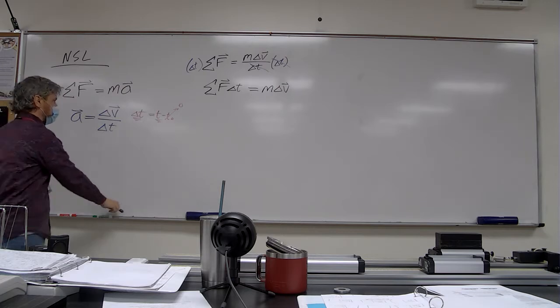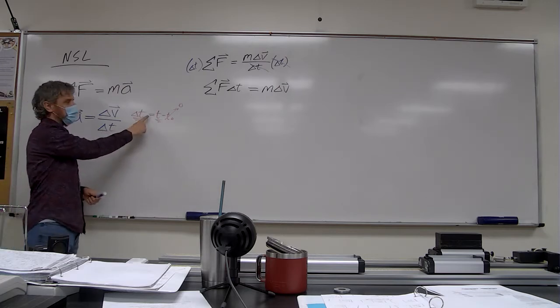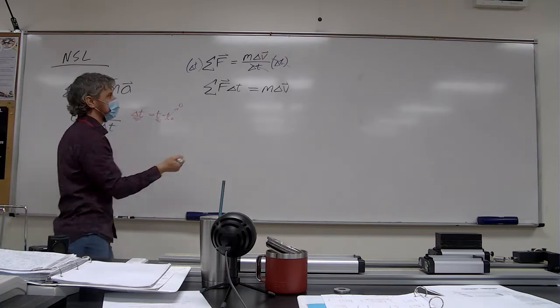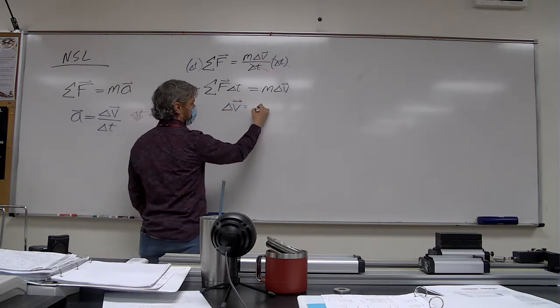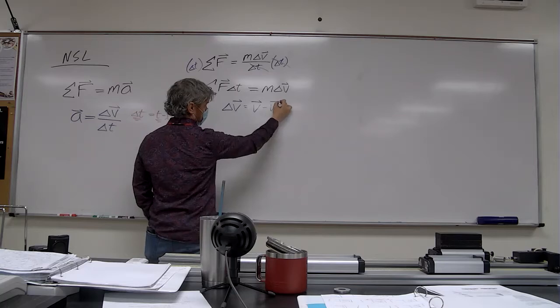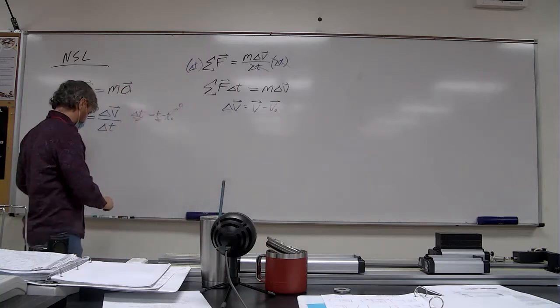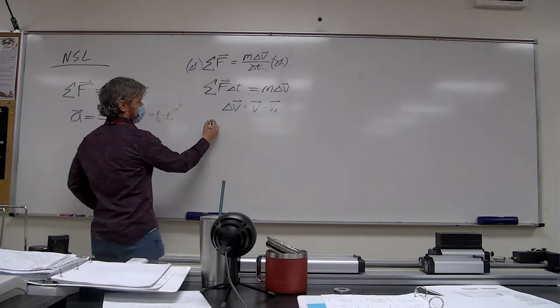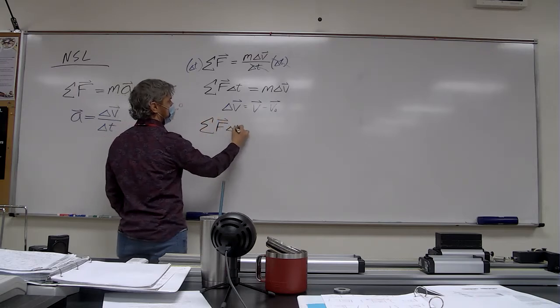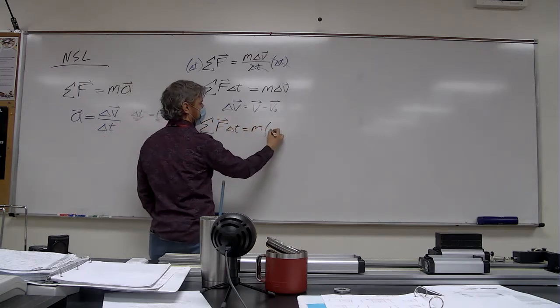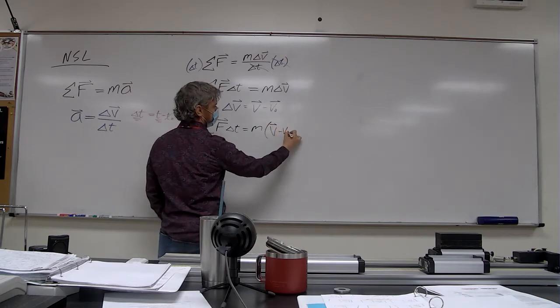And then I'm going to use my knowledge that I applied here with my delta t. I'm going to say, well, delta v I know is just final velocity minus initial velocity, v minus v naught. And so I get the net force times the time interval equals mass times, in parentheses, final minus initial velocity.